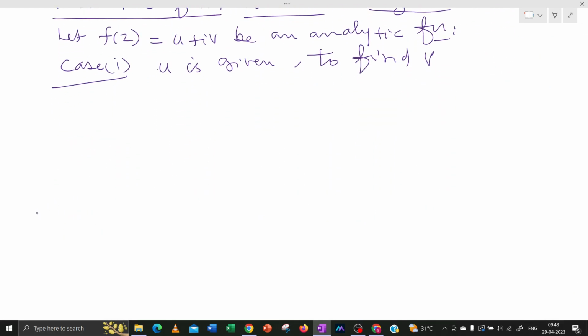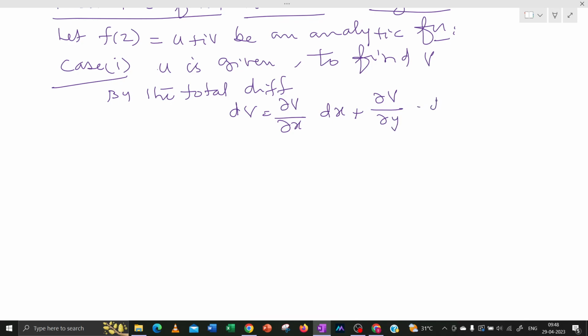To find v, by the total differentiation or chain rule, total differential formula, dv equal to dou v by dou x into dx plus dou v by dou y into dy.